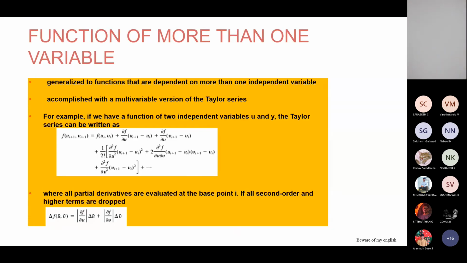Here also we are going to drop all second order and higher order terms because they are negligible. All these partial derivatives are evaluated at the base point. So we get the next formula as delta f of u bar, v bar equals mod of the derivative of f with respect to u into delta u bar plus the derivative of f with respect to v into delta v bar.